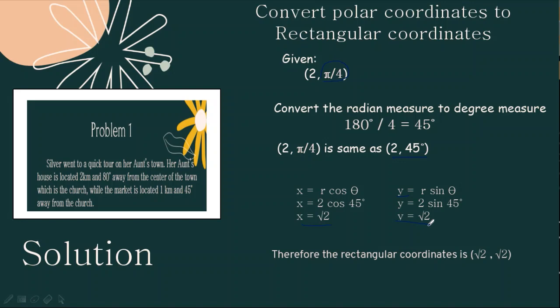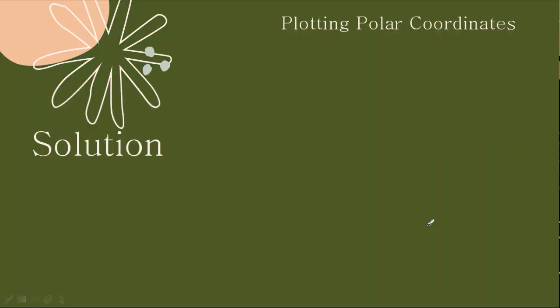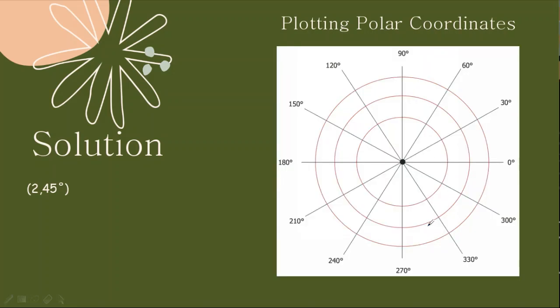Now, let's proceed to the plotting of this given polar coordinate. Again, the given is 2, comma, 45 degrees. So the radius is 2, and so this is the radius, the second circle from the point of origin. Then the polar angle is, again, we have a typo.